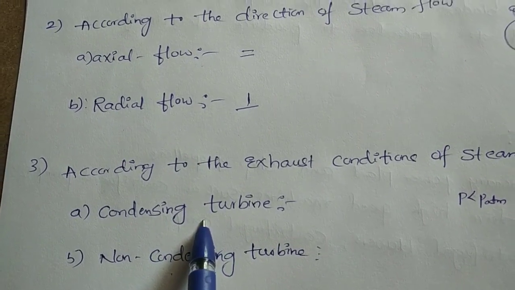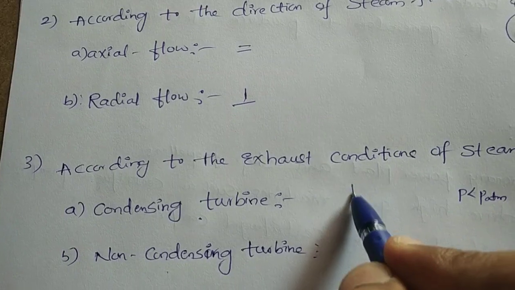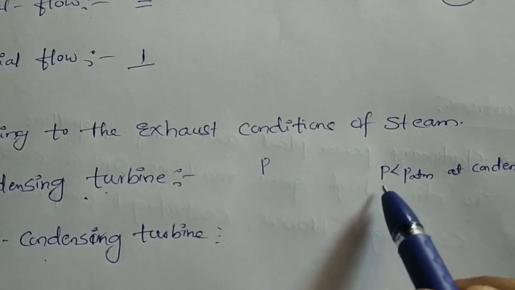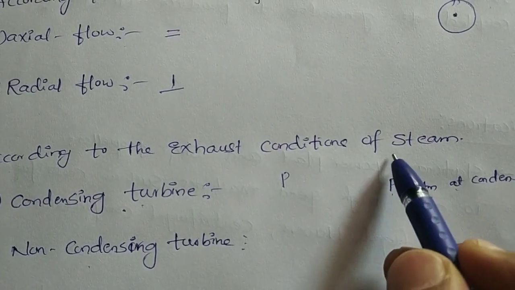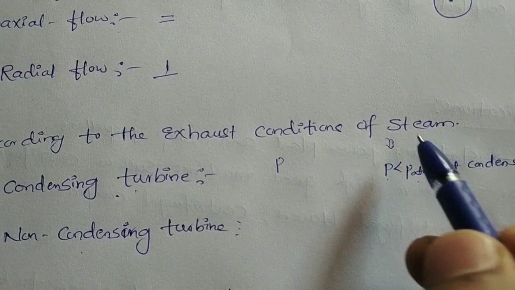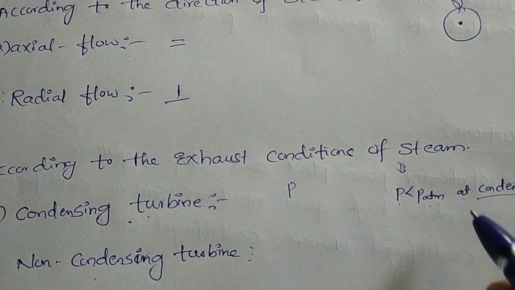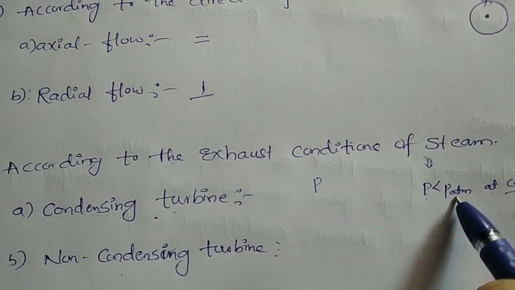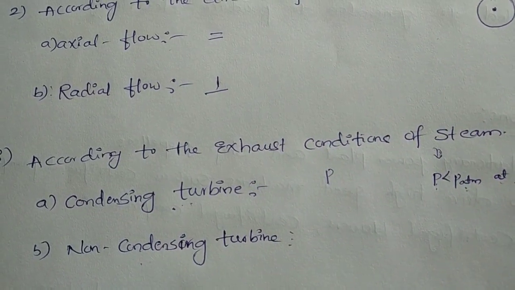Condensing turbine means after the expansion of the steam in the turbine, the steam is sent to the condenser. The pressure at that time should be less than the atmospheric pressure, then it is called a condensing turbine.